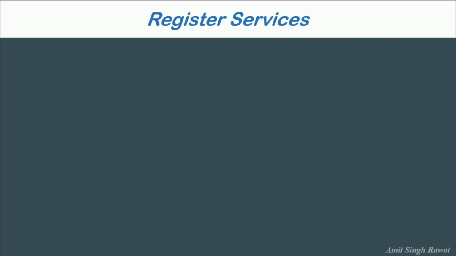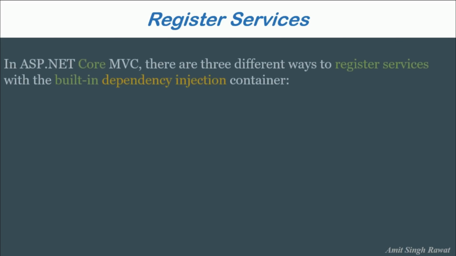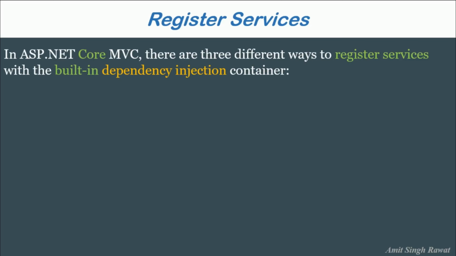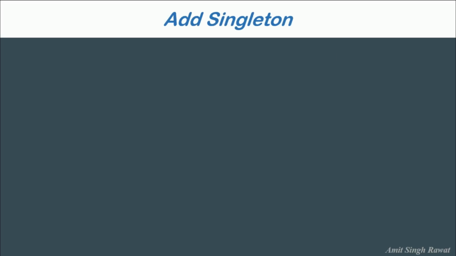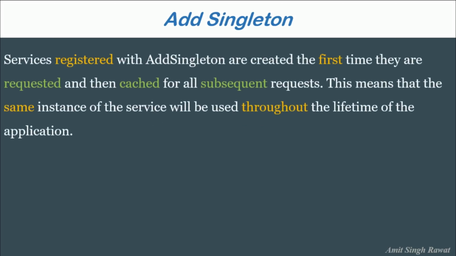As we know, we have to register services in dependency injection. In ASP.NET Core MVC, there are three different ways to register services with the built-in dependency injection container, and they are AddScoped, AddTransient, and AddSingleton. First, let's talk about AddSingleton. As per the definition, services registered with AddSingleton are created the first time they are requested and then cached for all subsequent requests.